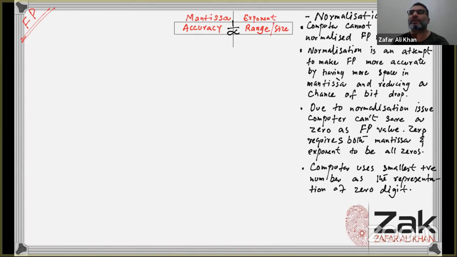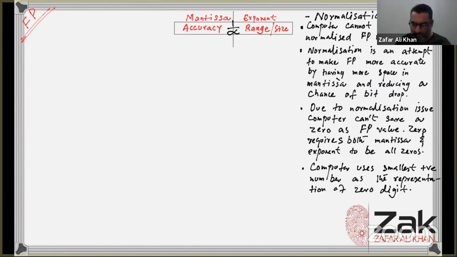So computer cannot save non-normalized floating point number. So mind it, if a number is non-normalized, we cannot afford to save it. Computer does not save it. That is by rule. Normalization is an attempt to make floating point more accurate by having more space in mantissa and reducing a chance of bit dropped in mantissa from the right side.